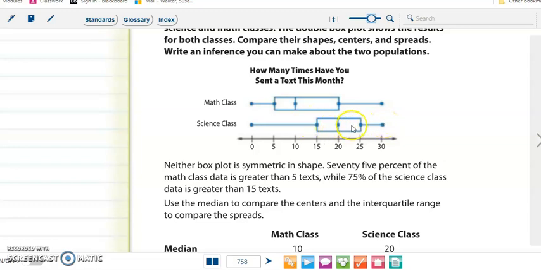So the science class looks like they are sending more texts on average, right? Because 75% send 15 or more texts, whereas in math class, 75% have 5 or more, which I think are low numbers.